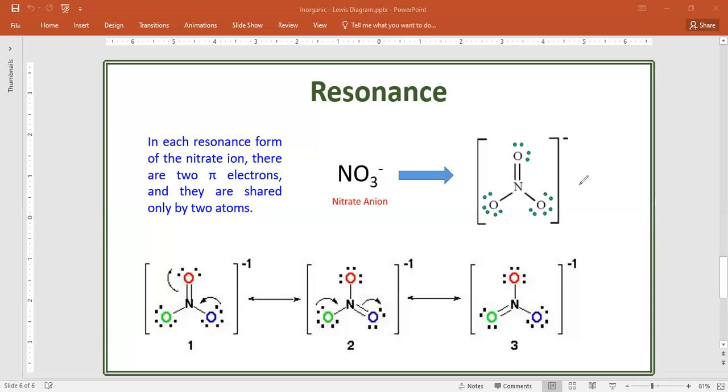The question is, why is there equal energy between any bond, between nitrogen and this oxygen or nitrogen and this oxygen? It's the same energy. Why is that?